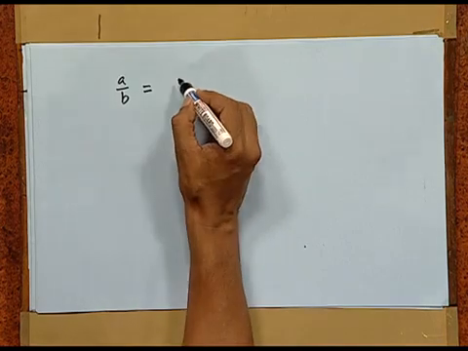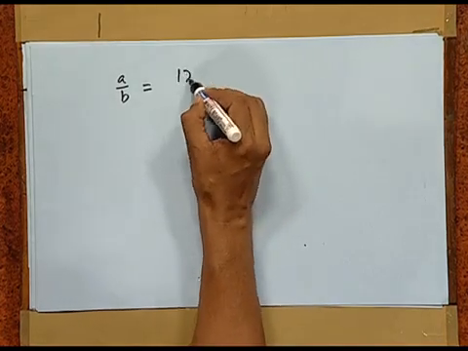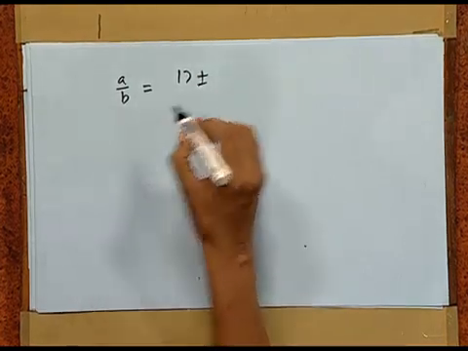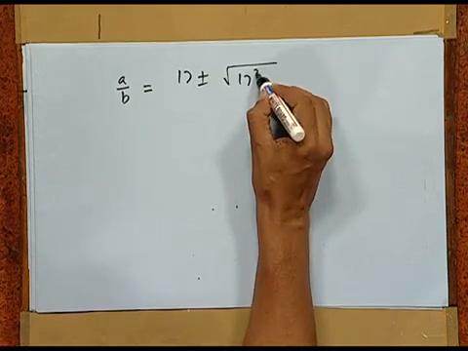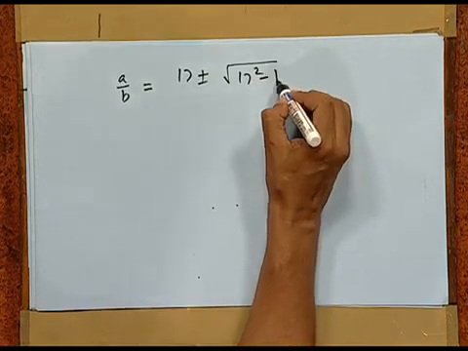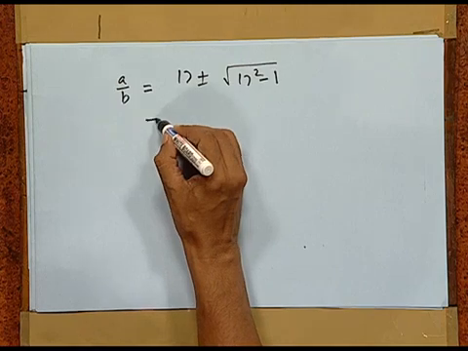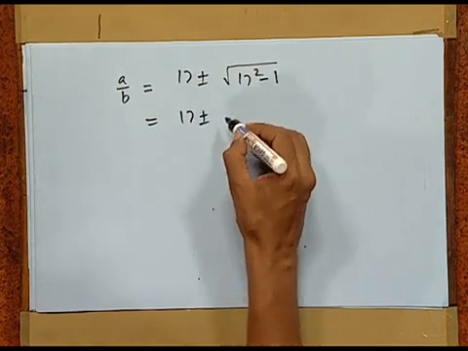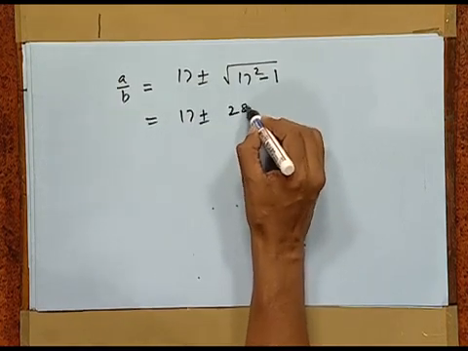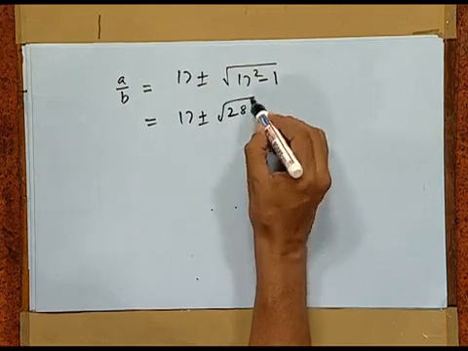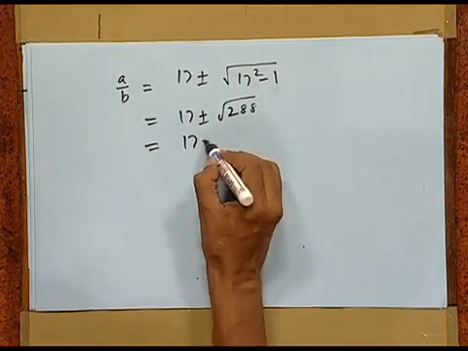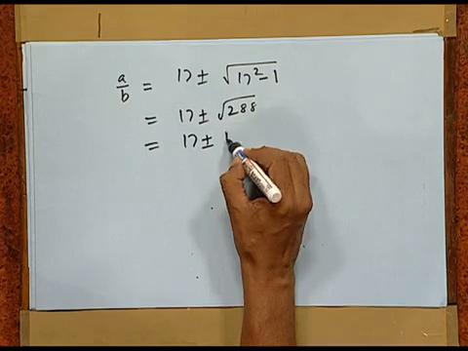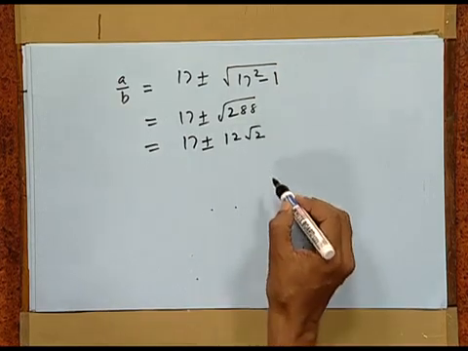So, we have A upon B is equal to 17 plus minus root of 17 square minus 1, that is 17 plus minus root 288, which is equal to 17 plus minus 12 root 2.